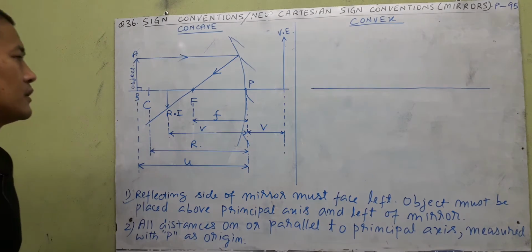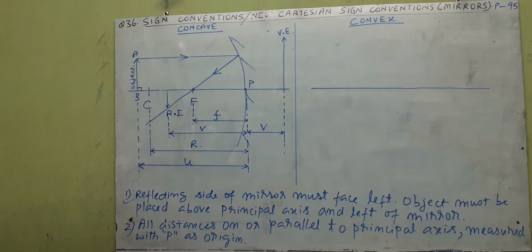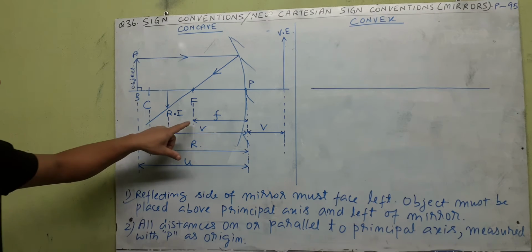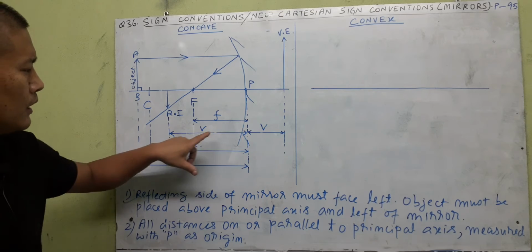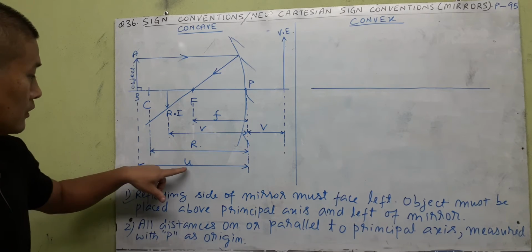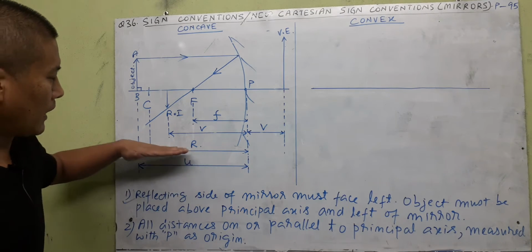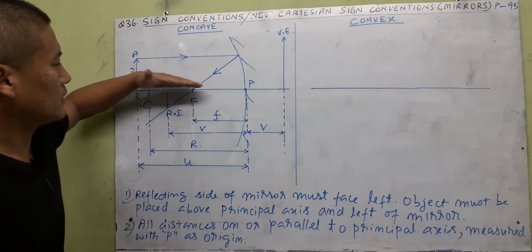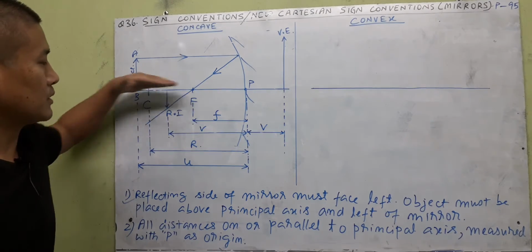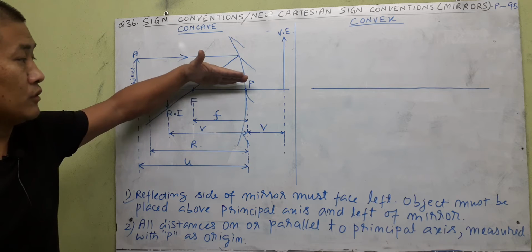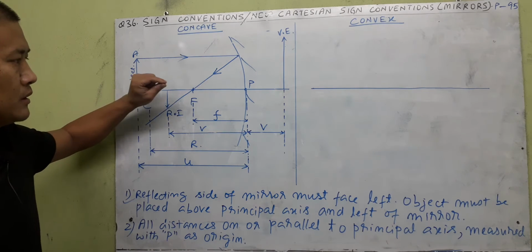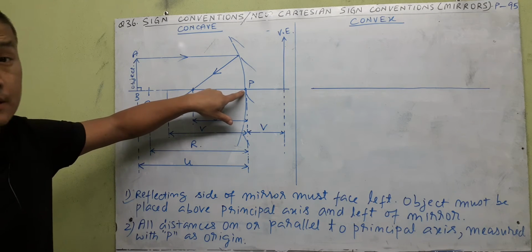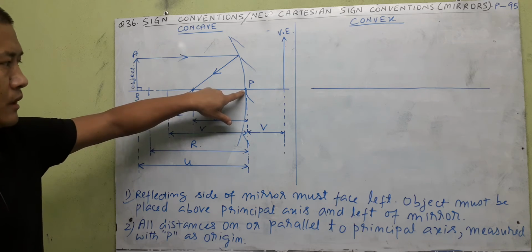Now, the next sign convention is like this. All distances like small f, V, R, and U, which are parallel to the principal axis, the line passing through P and C, or which are actually on the principal axis, will be measured using P as the starting point, the origin.